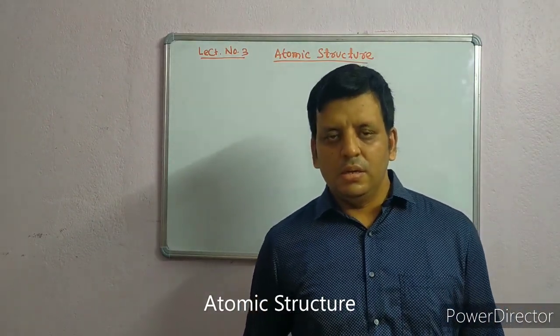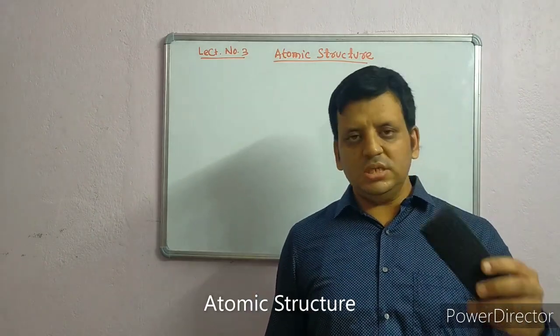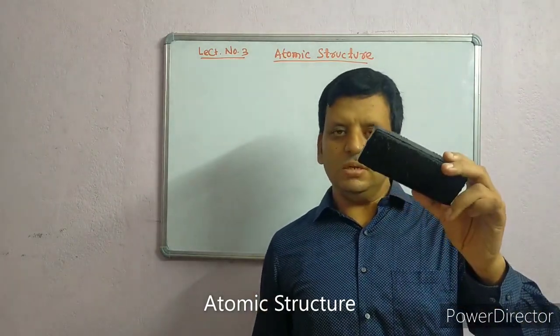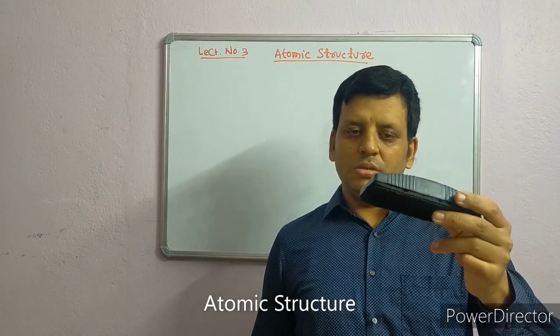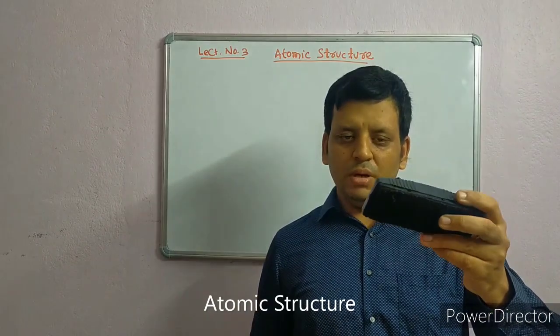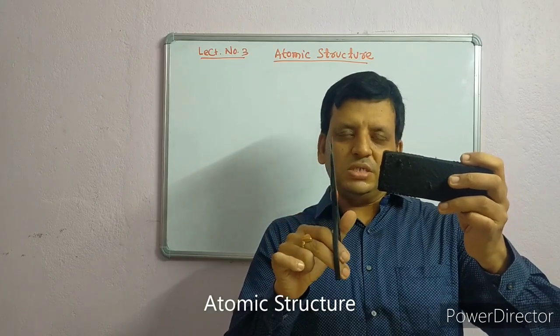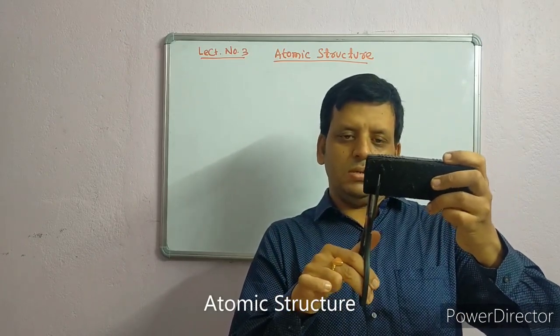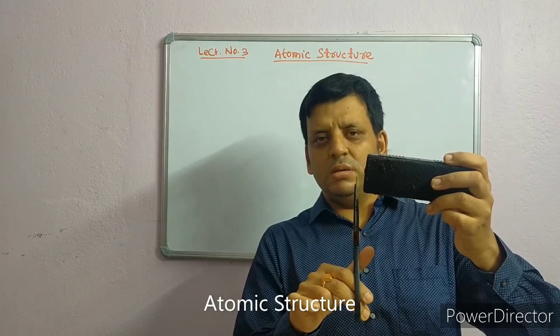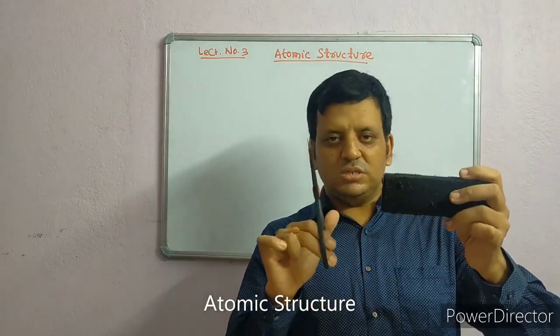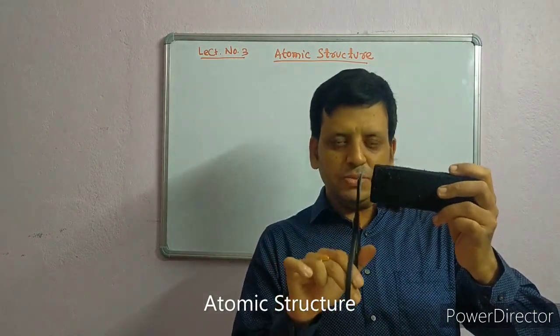Okay. This is a duster. What I am going to do? I am going to again try to cut it using this pair of scissors. Very difficult. With this pair of scissors, it is quite impossible.